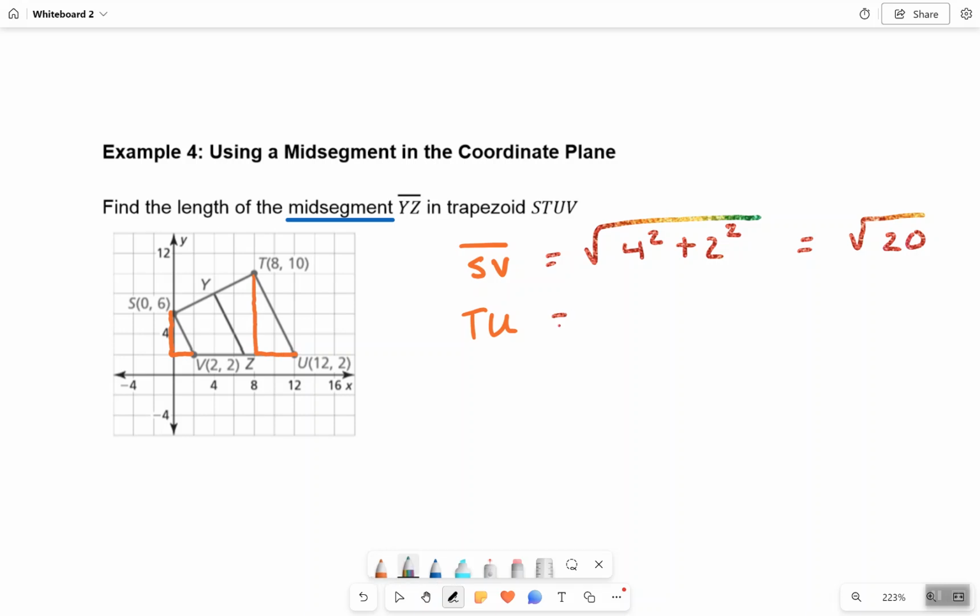So you're telling me TU is equal to the square root of, which is the square root of what? Would you agree with that?